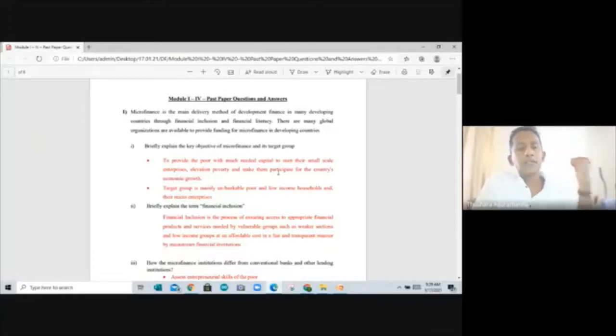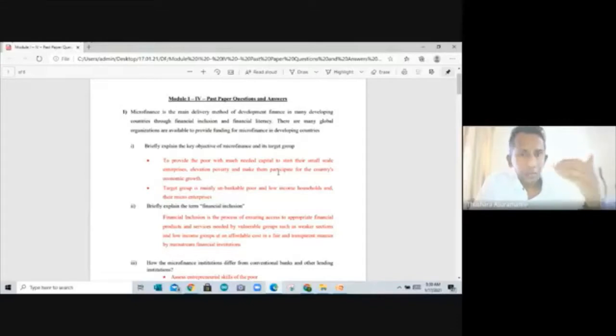So this part is explain the key objective of microfinance and target group. Now, to answer this, the first one is said to provide the poor with much needed capital to start their small scale enterprises, alleviate poverty, and make them participate in the country's economic growth. That's fine. But if you remember, in our definition we spoke about 4 things: sustainability, empowerment, women entrepreneurship and all that.